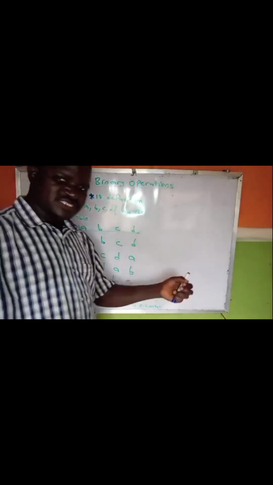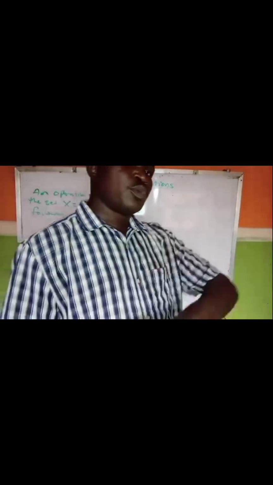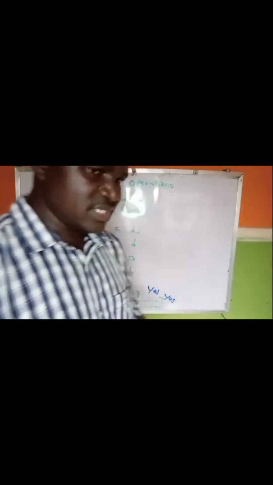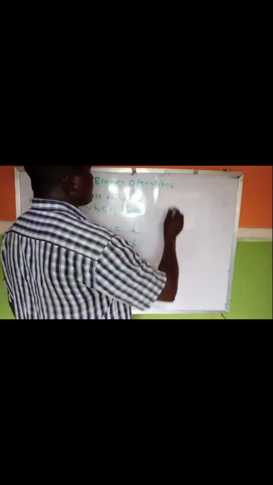So what is identity element? Identity element is an element that if you multiply with another element, it will give you that element. You may not understand the way I'm saying it, so look at it here.